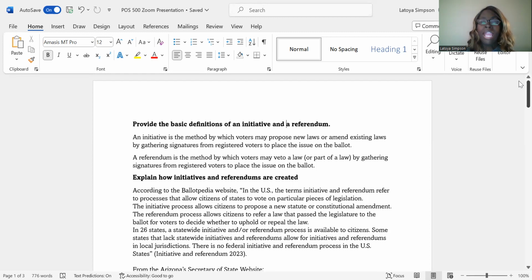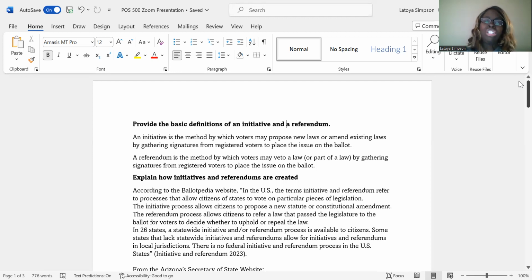On the other hand, a referendum is the method by which voters may veto a law or part of a law by gathering signatures from registered voters to place the issue on the ballot.